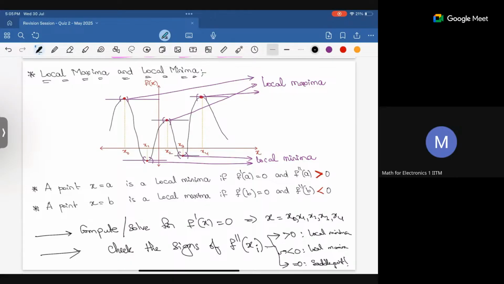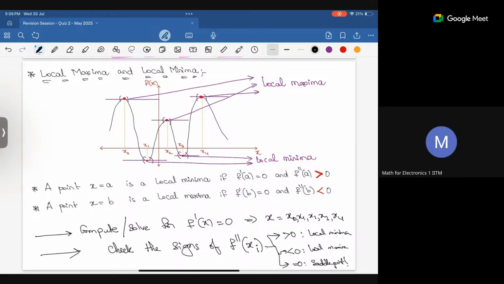It is neither local maxima nor local minima, but these conditions will be satisfied. F prime of x will be 0 at x equals 0. And even if you compute f double prime of x, you will see that it will be 6x, which is again 0 at x equals 0.